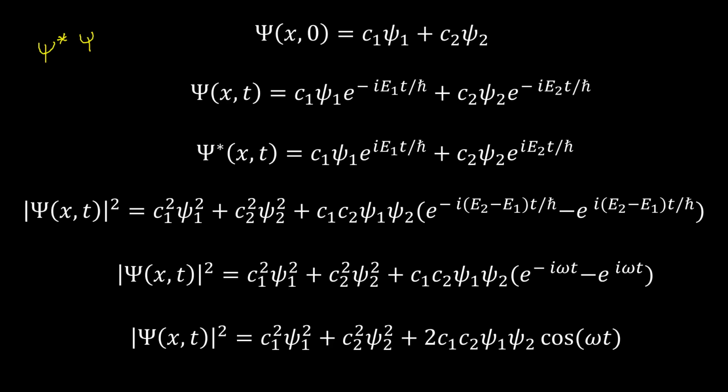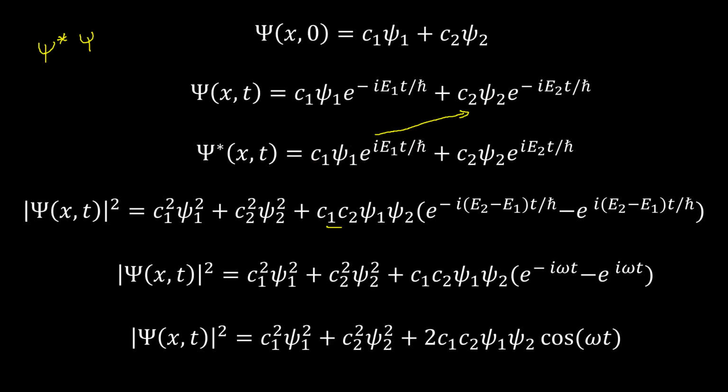First, the psi star psi cross term. You take this term and this term, and you will get c1 psi1 and c2 psi2, which you can take as common, that is c1 c2 psi1 psi2 as a common term.